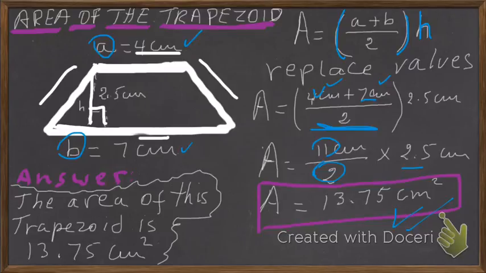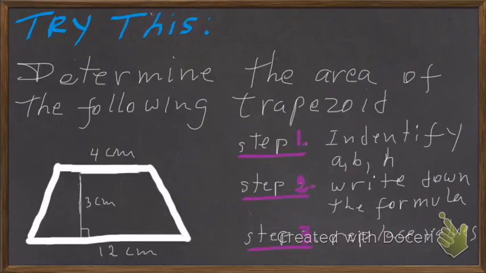All right, so now I would like you to try this. I want you to determine the area of the following trapezoid. You have this information with you. I want you to do this in 3 steps.